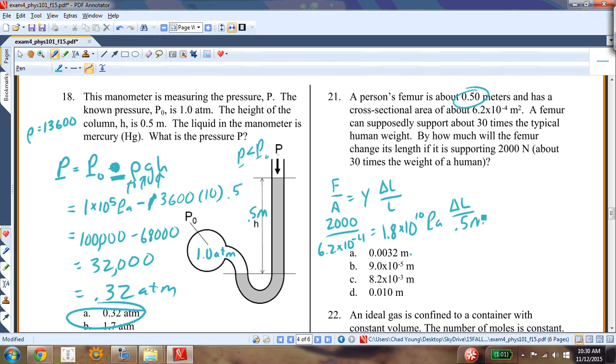So delta L is 2,000 divided by, about 3.2 million, divided by 1.8 e to the 10 times 0.5. All right, I get 9 times 10 to the minus 5. It's actually 8.96, but 9 times 10 to the minus 5 meters. So not very much. So 21 is B.